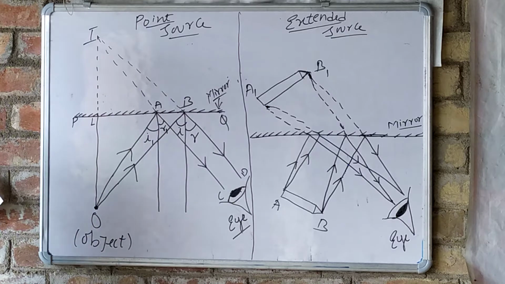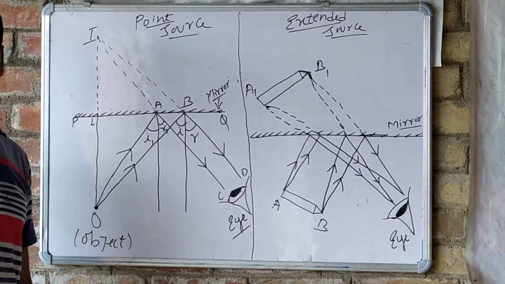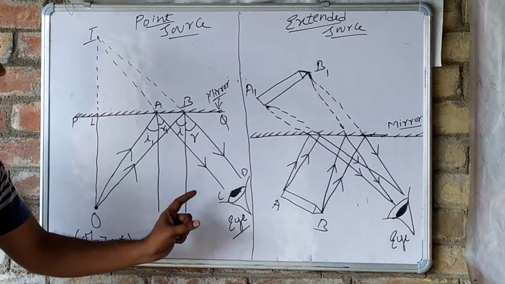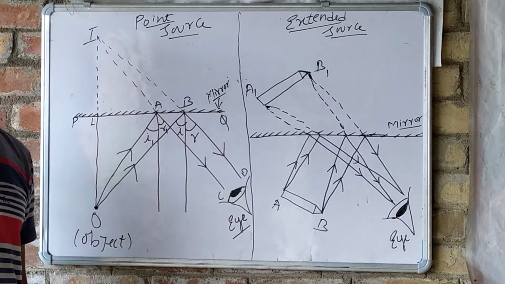After striking the plane mirror, they obey the laws of reflection and reflect in the direction A to C and B to D.